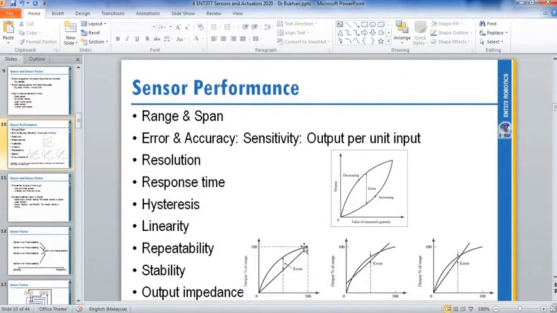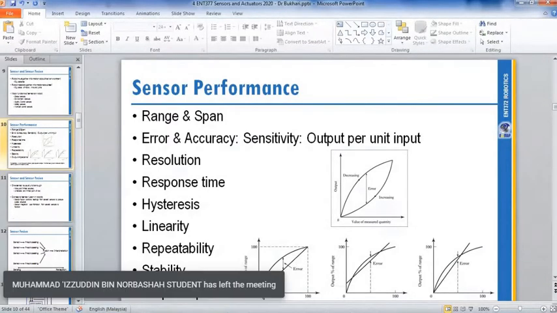Actually your reading is non-linear, it's curved. Maybe you turn a little bit, your reading is already high. You turn a little bit more, your reading becomes higher. And then at the last value, your reading is correct. So this is non-linear. The manufacturer has studied this and improved the quality. Maybe they change the material of the resistor so they get a good reading. This one we call linear.